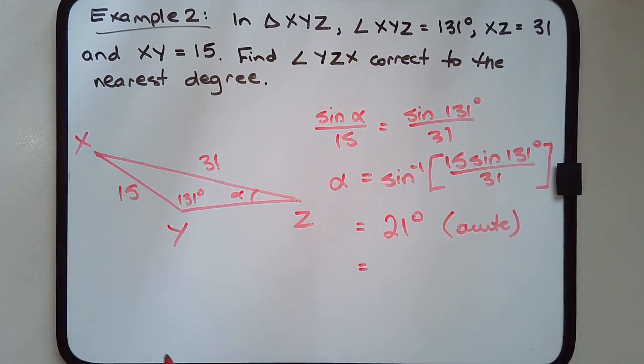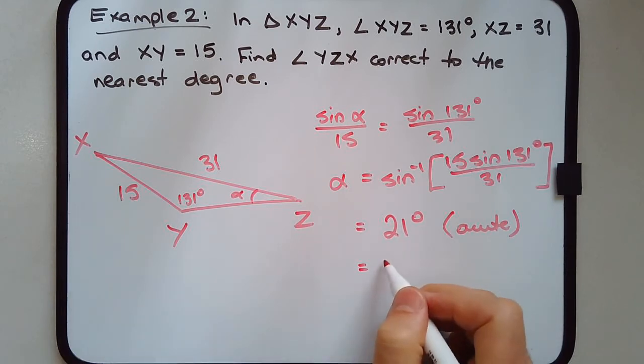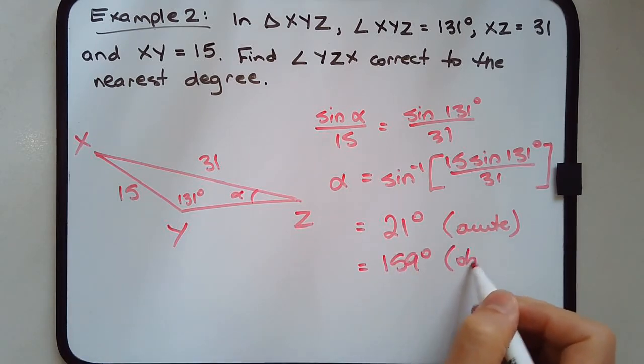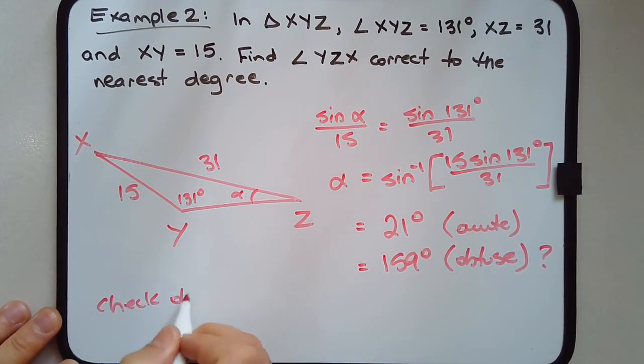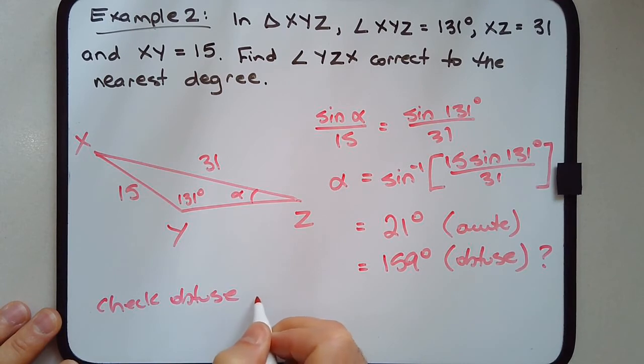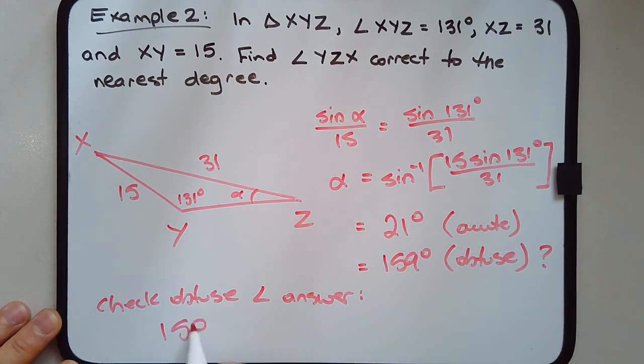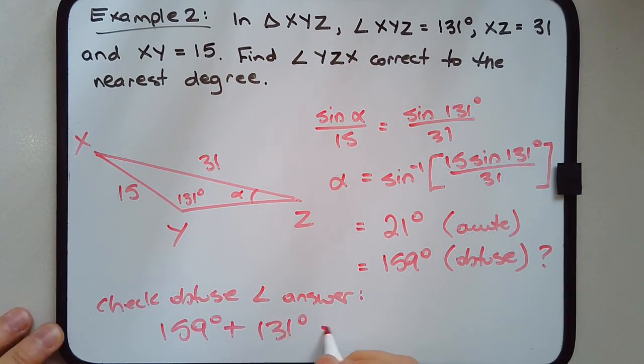But what about its obtuse angle? Its obtuse angle will be 159 degrees. Now, is the obtuse angle possible? So we need to check the obtuse angle answer. You take the obtuse angle, 159, add it to the existing angle, which is 131. Well, it's a pretty big answer there. It's 290.